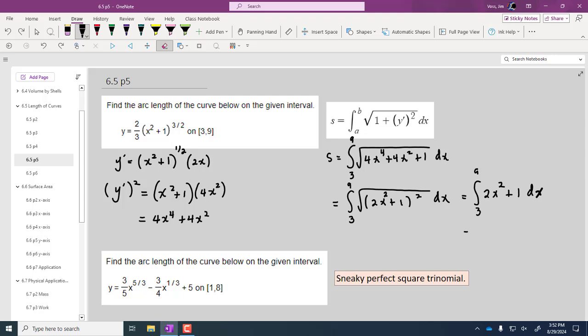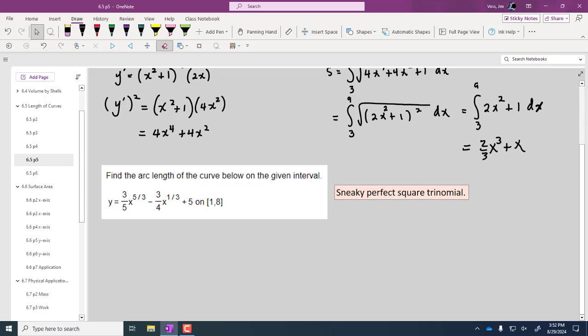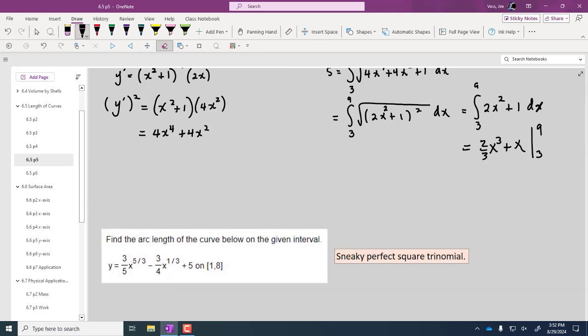So when we integrate, we're going to get 2/3 x to the 3 plus x, and that will go from 3 to 9. Plug in the 9, plug in the 3, take the difference.